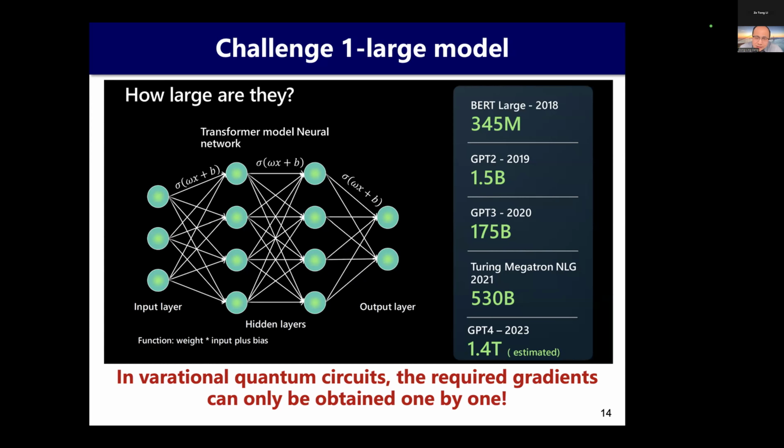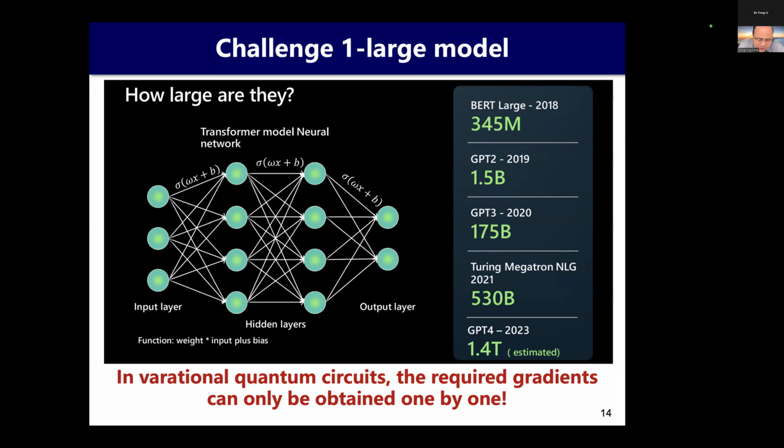So the first challenge is, if you increase your model, classically we can build, for instance, a GPT. That's because we have a backpropagation algorithm, right? We can calculate the gradient with respect to possibly millions of parameters just at once. However, the situation in the quantum machine learning scenario is very different.